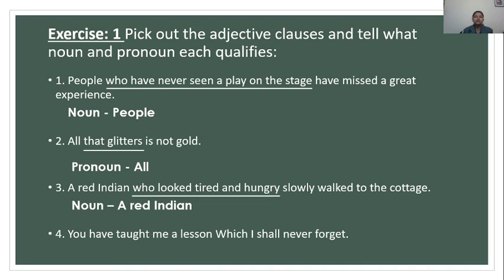So, what is my adjective clause in this sentence? Which I shall never forget. And which noun or pronoun is it modifying? A lesson. So which is referring to a lesson: which I shall never forget.